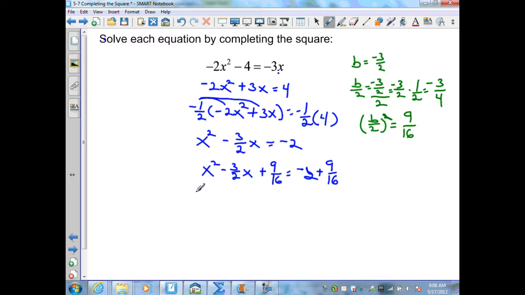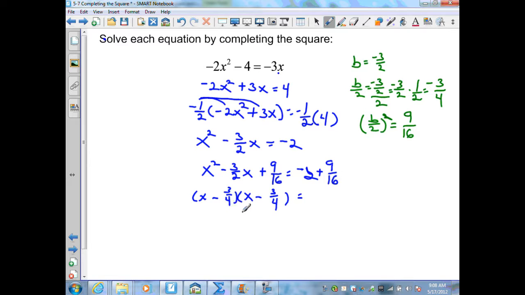Perfect square trinomial, I can factor into a product of its two binomials. That gives me x and x. This will be 3/4 and 3/4. Since this is plus plus, I either need plus plus or minus minus. Since this is negative, it'll make it minus minus. That gives me a negative 3/4 times a negative 3/4, which is a positive 9/16.